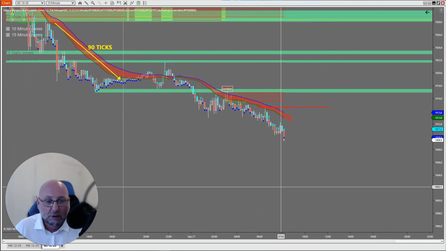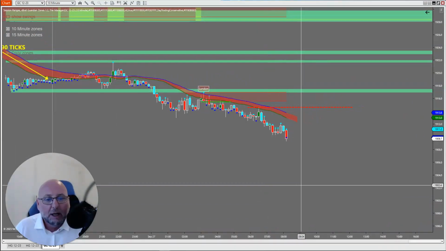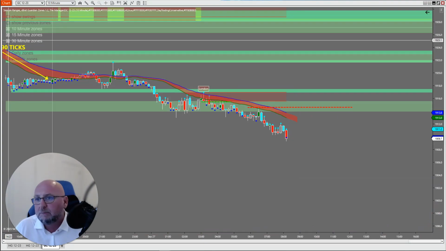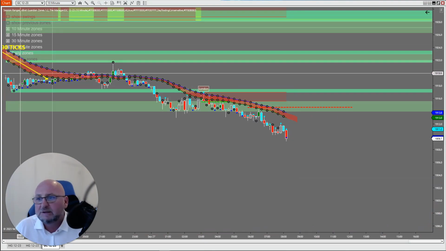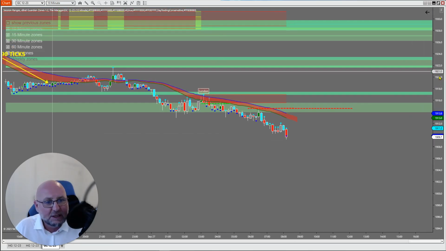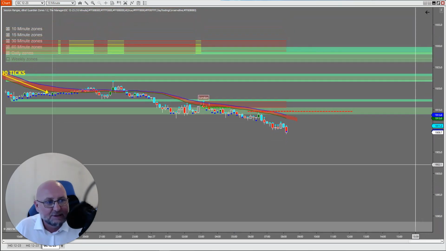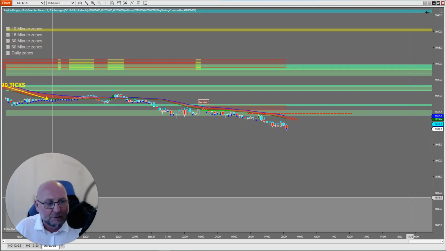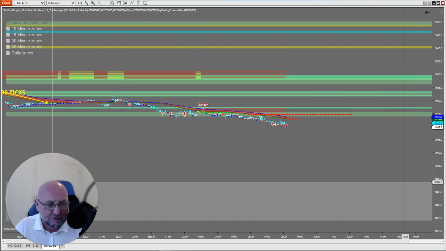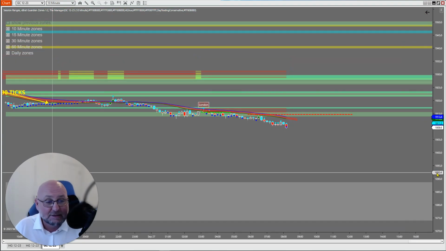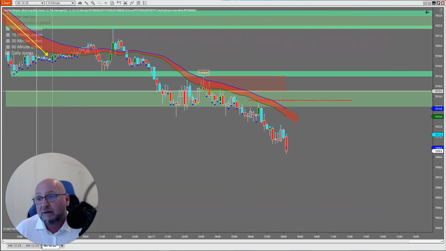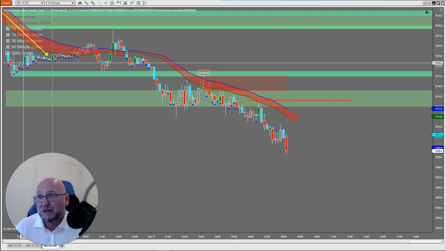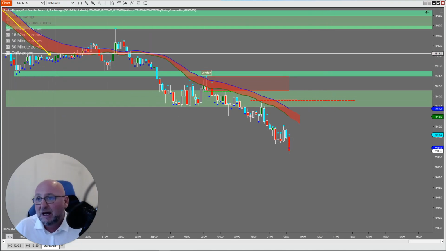We're pretty much going really low. So the next thing I do, I want to just put in maybe a 30 and a 60 and even a daily zone there to see if there's any of those down below. And there's a daily zone all the way down at this point here in this lighter grey. That's my next support. This is a Wednesday, so I've got plenty of room left for the rest of the week, as far as I'm concerned.